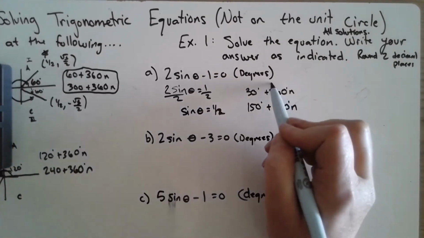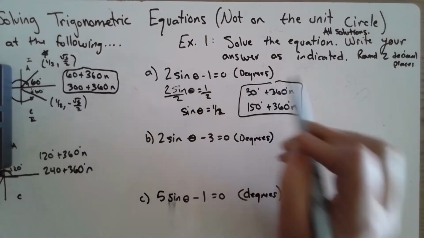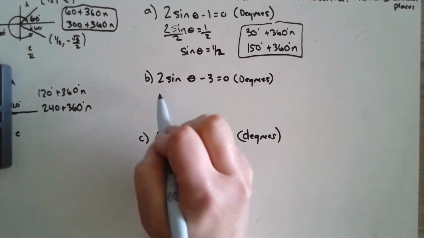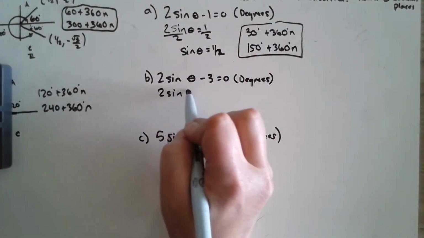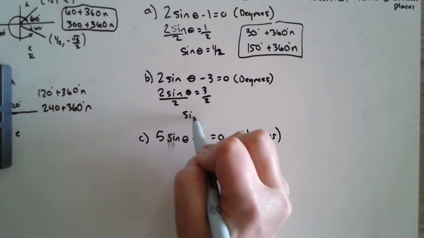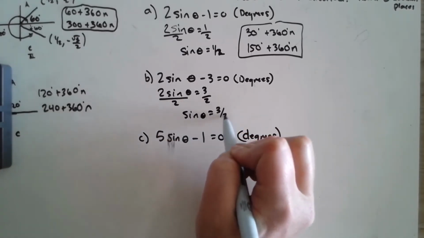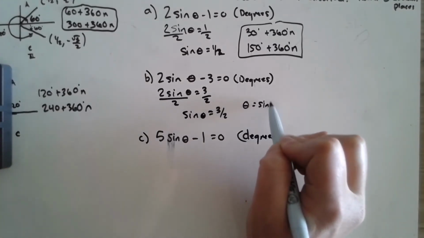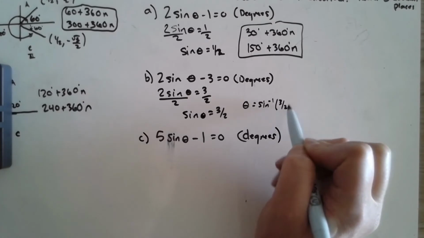Okay, so those are nice and easy, but let's try one that's not on the unit circle. So we'd get 2 sine theta equals 3 divided by 2, sine theta equals 3/2. Normally we'd solve this by saying theta equals sine inverse of 3/2.